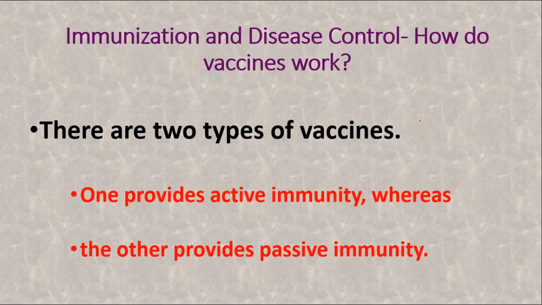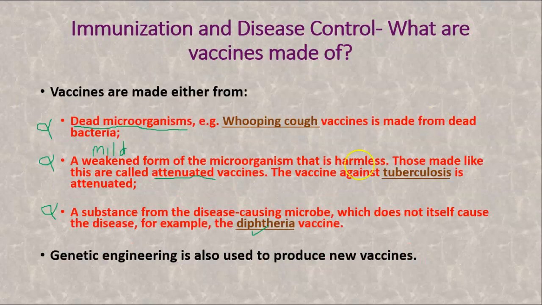In a previous slide, I spoke of genetic engineering, where I said that genetic engineering may be used to produce new vaccines. Those vaccines produced by genetic engineering are primarily based on antibodies.